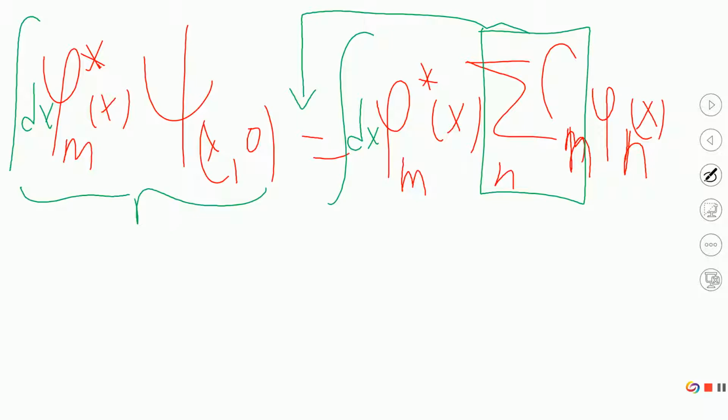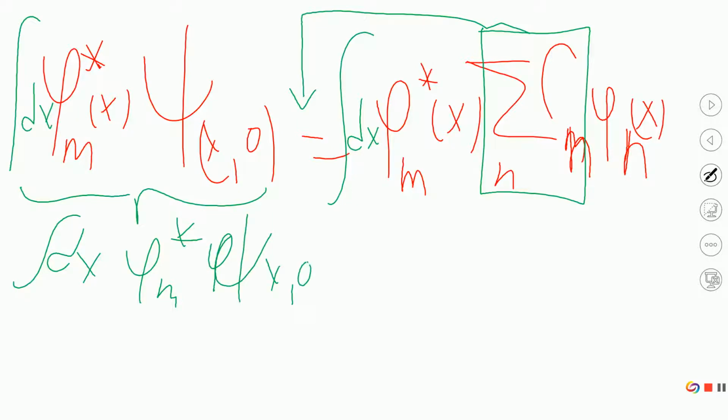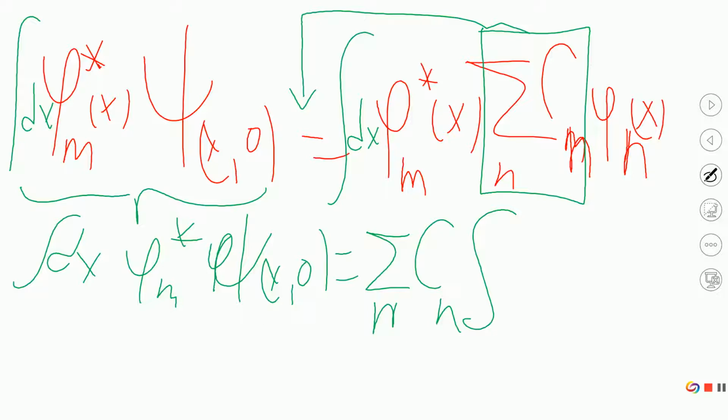So writing once again: integral dx phi m star psi x equals summation over n, c n, and here is integral dx phi m star phi n.